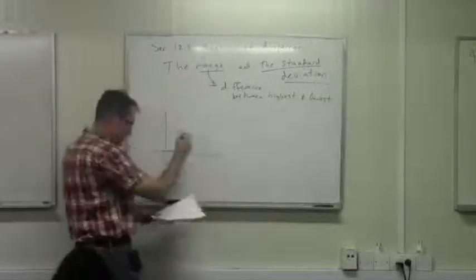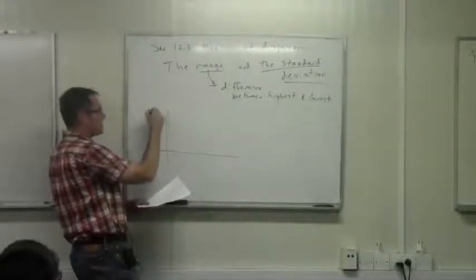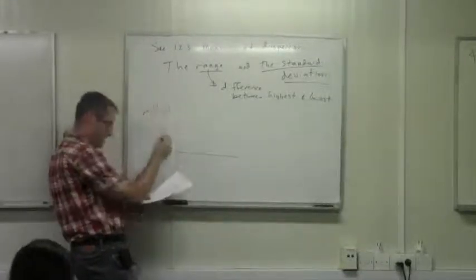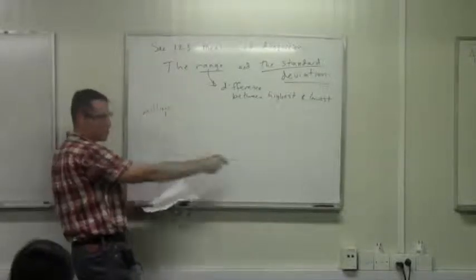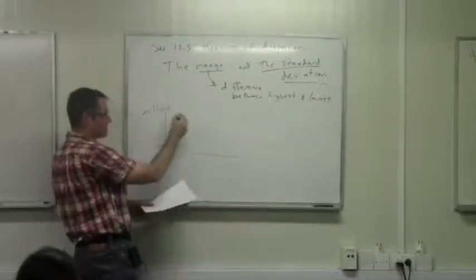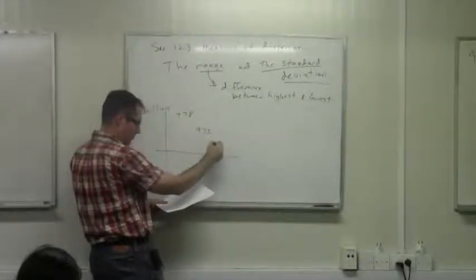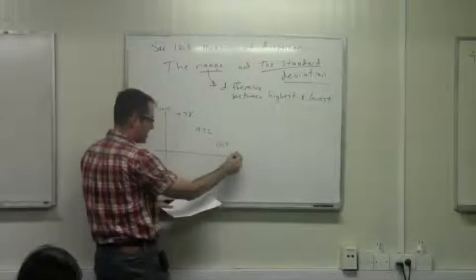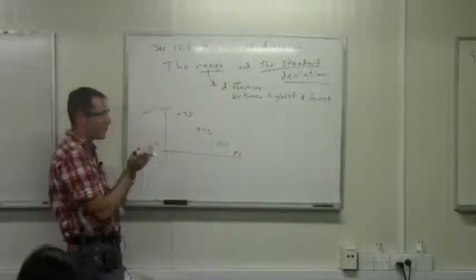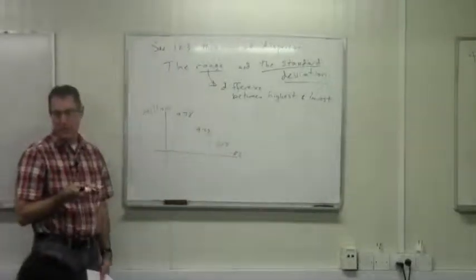It looks like this. The chart is in millions. And you've got a bunch of names and a bunch of countries down here. 778, and then 472, and then 107, and then 82. And if I want to find the range of those numbers, what's it going to be?